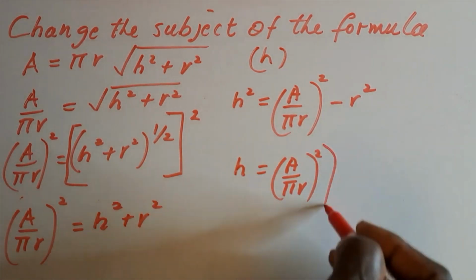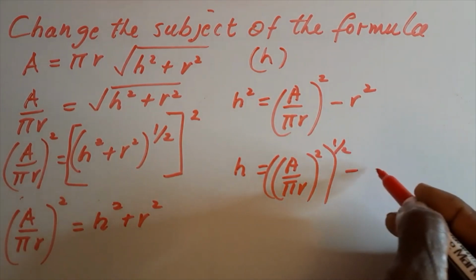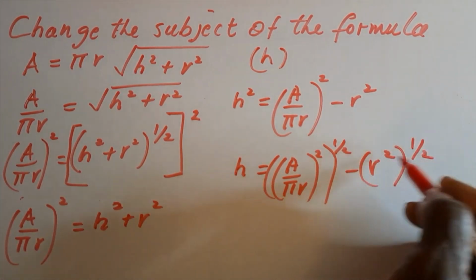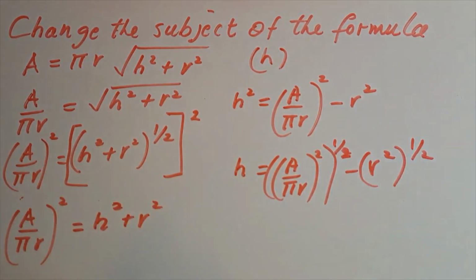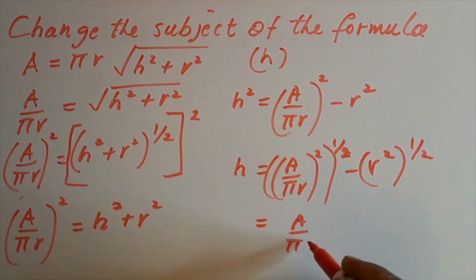So let's write this as an index: A over pi r squared to the half, minus r squared to the half. And now we can simplify this to A over pi r.